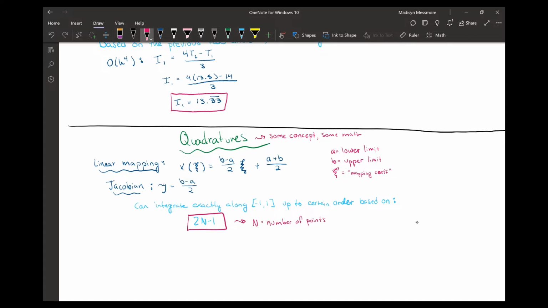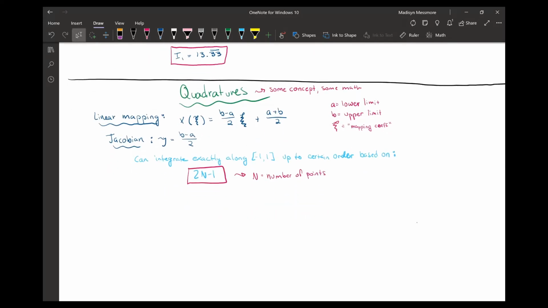Well, I guess I wrote out the steps multiple times. I would say step 1, find your mapping.